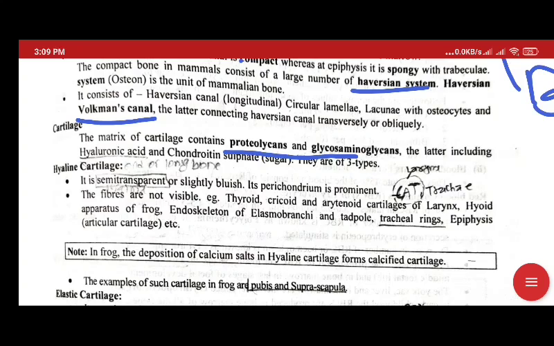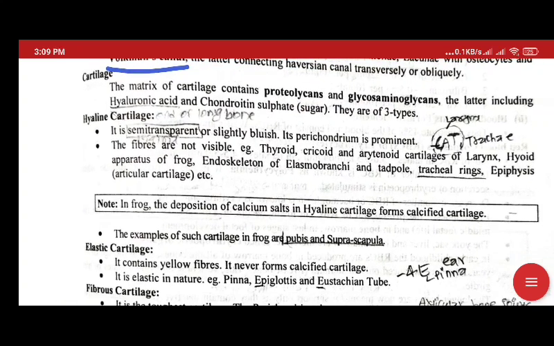Now here also we got sugar type. What type of cartilage? That was hyaline cartilage. The term hyaline is glass-like cartilage, or we can view from this side to the other side. So this is hyaline cartilage.